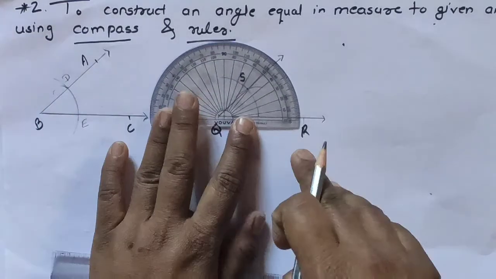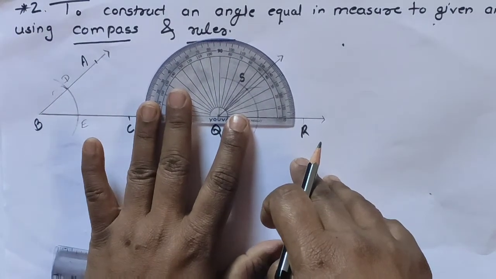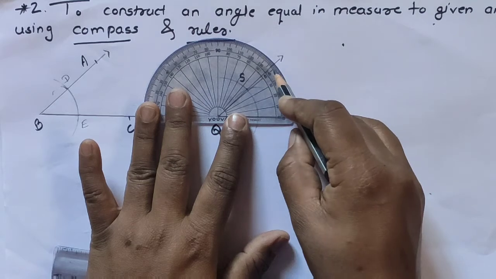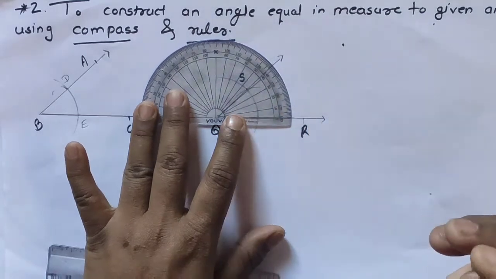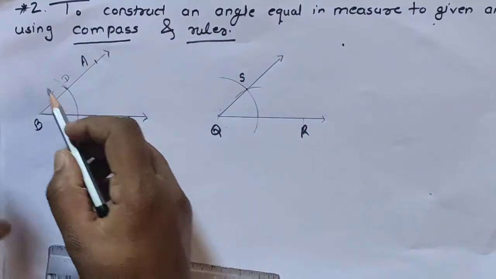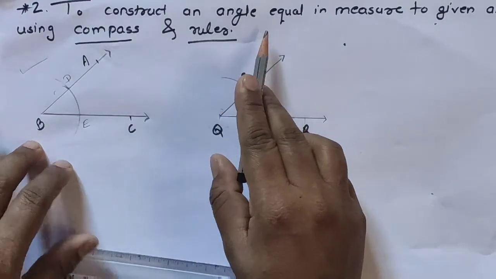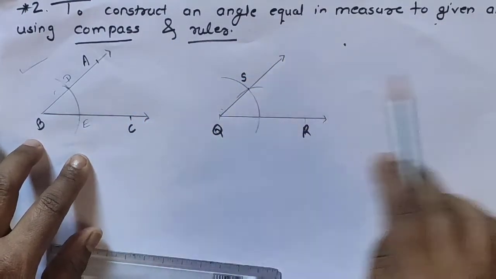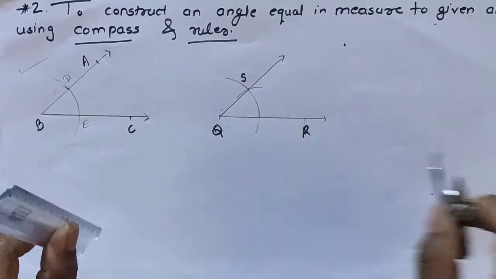Now if I keep it on Q and measure, you will notice that its measure is also 40 and then 3 lines. So in this way we can construct an angle equal in measure to the given angle using compass and ruler.